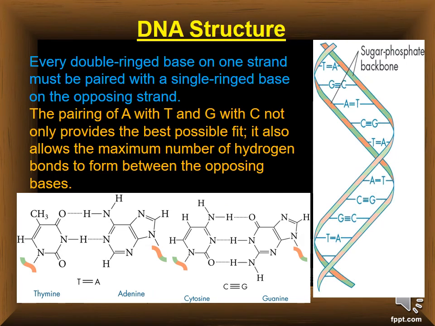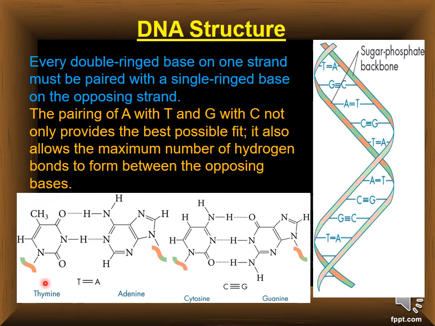Alright, now in this DNA structure, every double ring base on one strand must be paired with a single ring base on the opposing strand. The pairing of A with T and G with C not only provides the best possible fit, it also allows the maximum number of hydrogen bonds to form between the opposing bases.